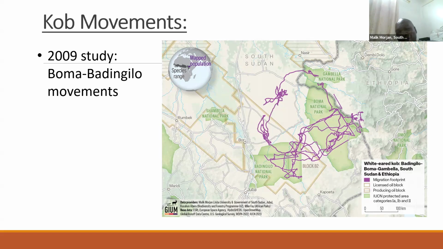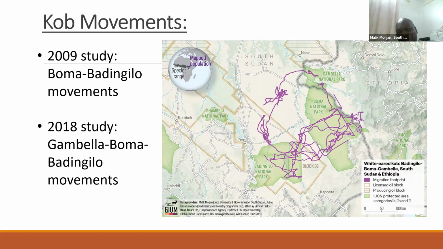During the dry season, they move eastwards to Boma National Park and spend about 3-4 months of the dry season from December up to March. And then in April, they start coming back. But in between those 3-4 months, they also cross into Ethiopia, in these areas of the Gambela swamps.